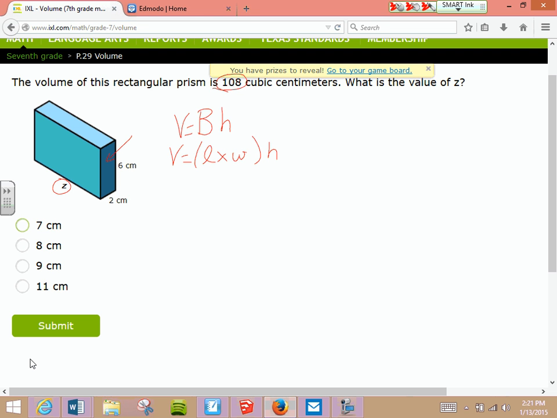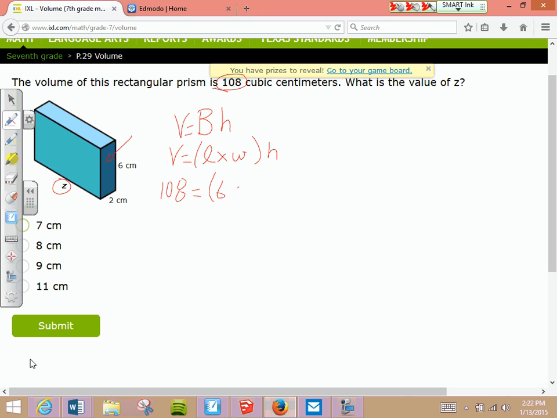Can I do that? Absolutely. Because I just told you any of them could be the base, right? So now I will have the volume, which is 108, and that equals the length, which is 6, times the width, which is 2, right? Times the height, which we don't know.